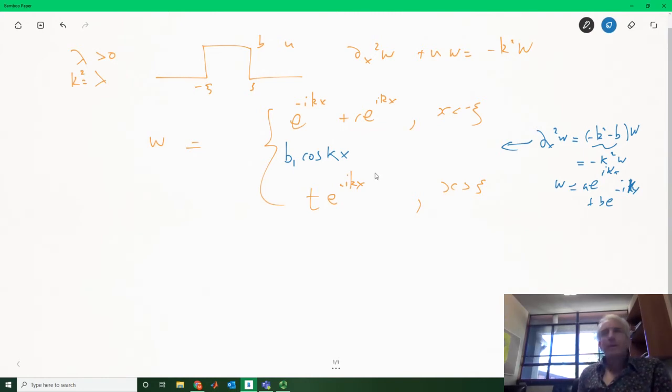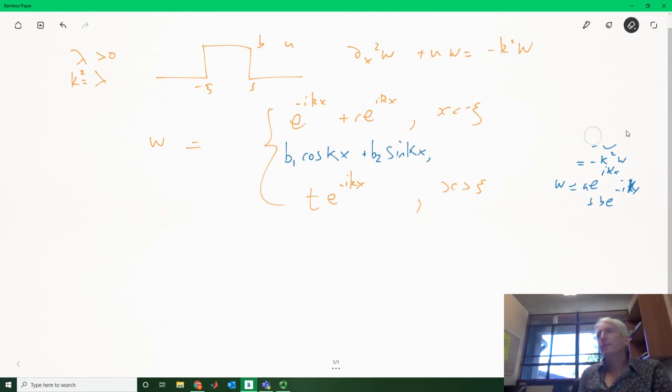Okay, these are just constants, and we've got sine kappa x. Kappa is equal to, this time it's the square root of b plus k squared.